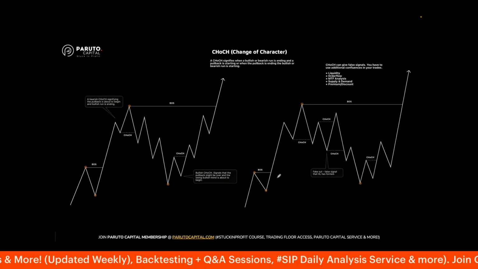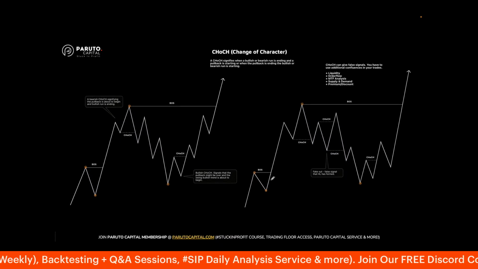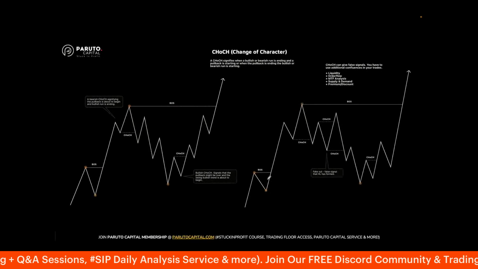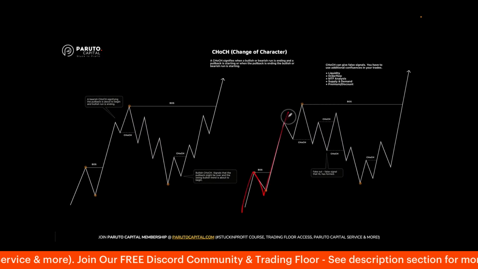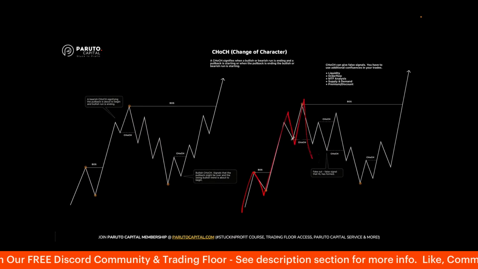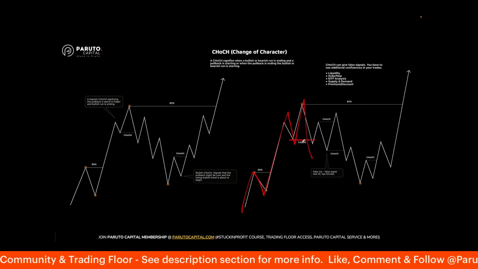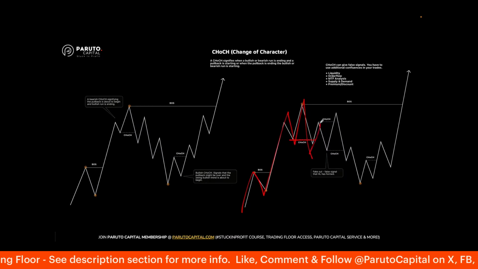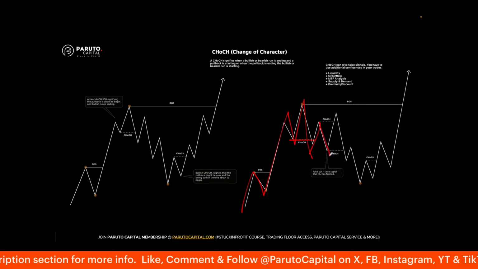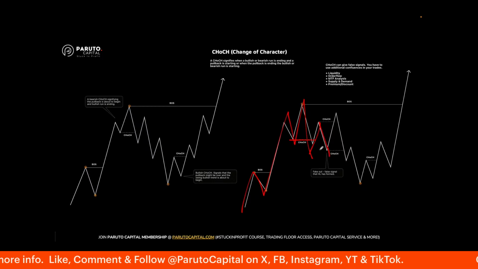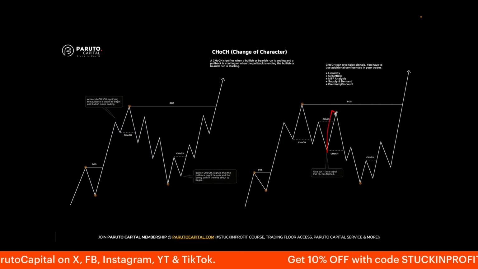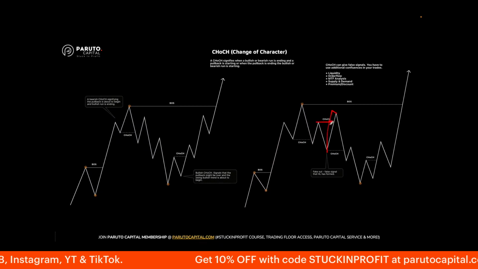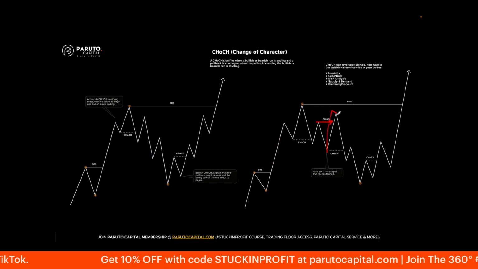Now you also have the same thing here. Sometimes you can have change of characters that are false signals. So you have this market structure going up, and then you have this change of character here, but you can see it pulls back a little bit, comes down. You'll be expecting that this is going to continue the downward move, but then it comes back here and changes character again. And this can happen several times in the market, right?